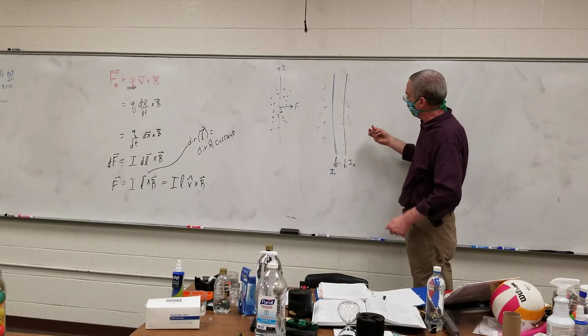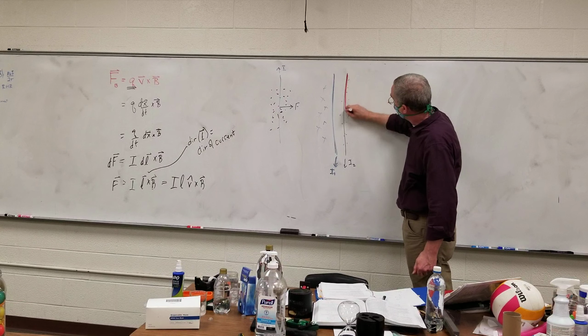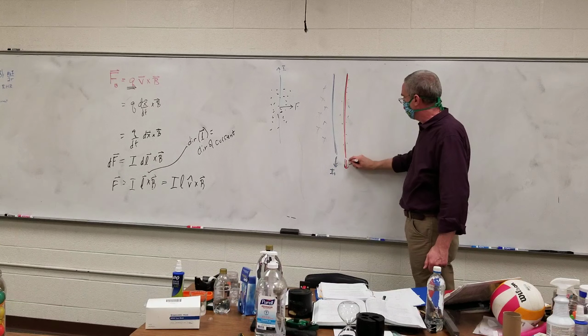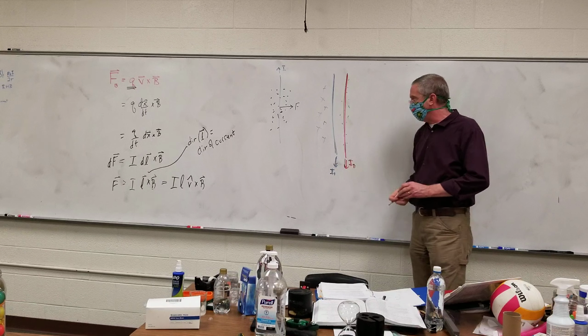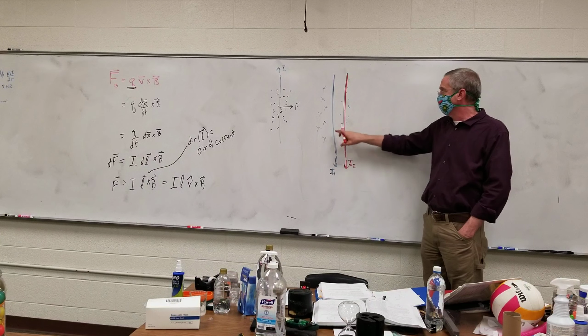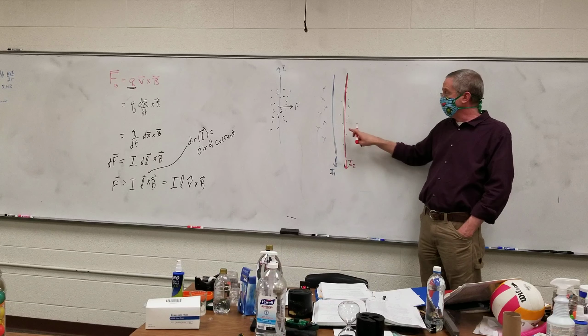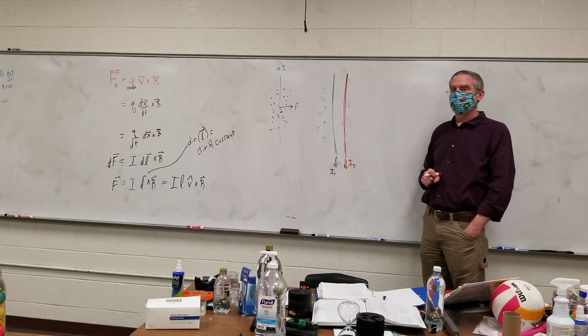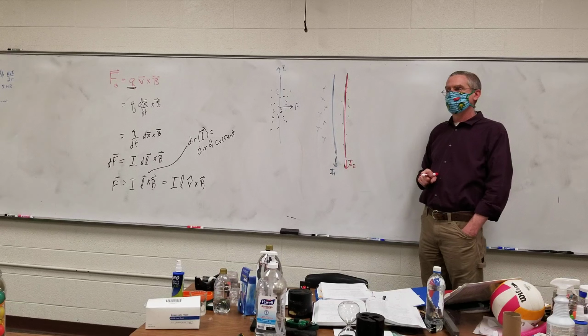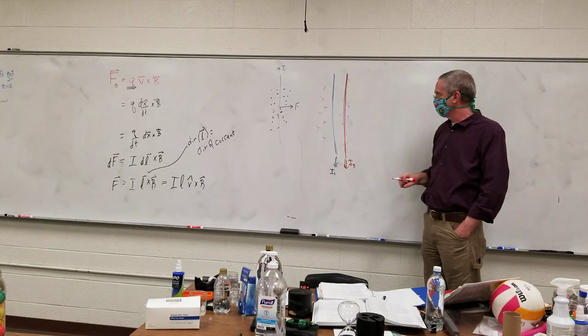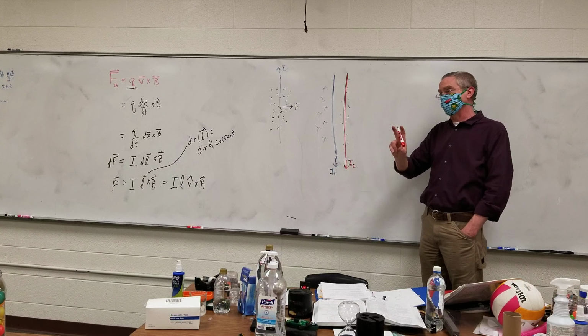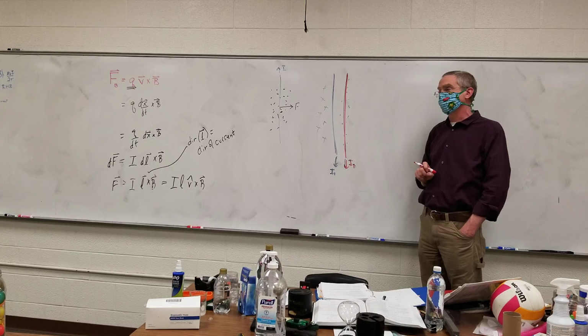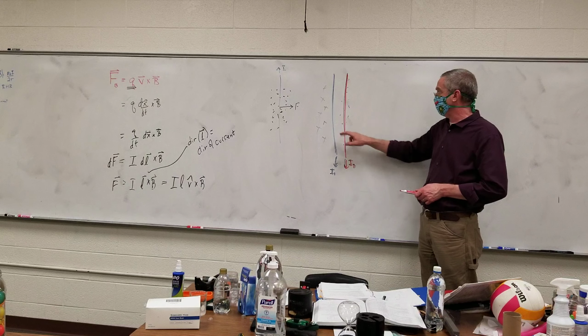We'll make the other one red. What is the direction of the magnetic field here at I1 because of the current I2? It's got to be out. You said that one was in. The magnetic field, that's not the direction of the force, that's the direction of the magnetic field. But you're saying the magnetic field would be out here?